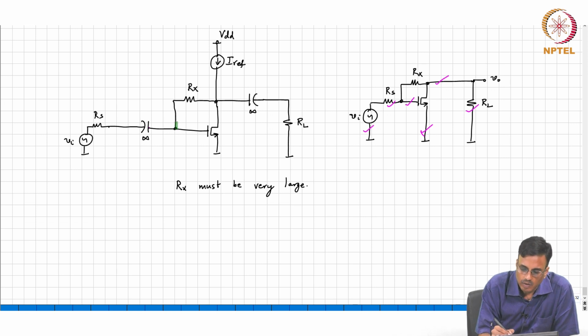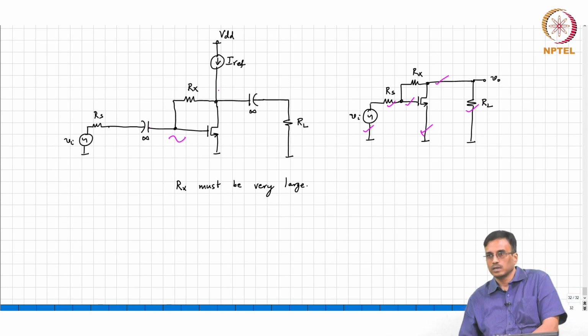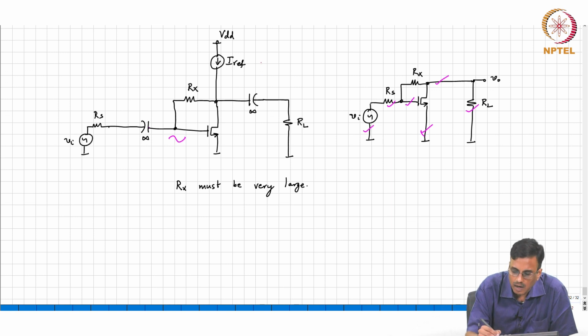What comment can you make about the signal swing here versus here at the drain? If the amplifier is working properly, what comment can you make about the gate swing versus the drain swing? The drain must be swinging a lot more, correct.